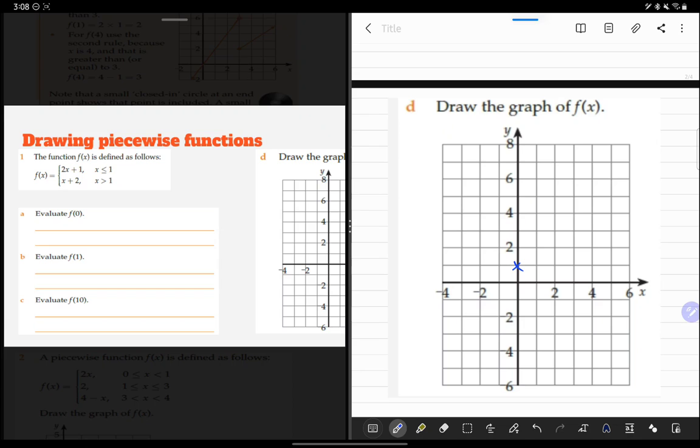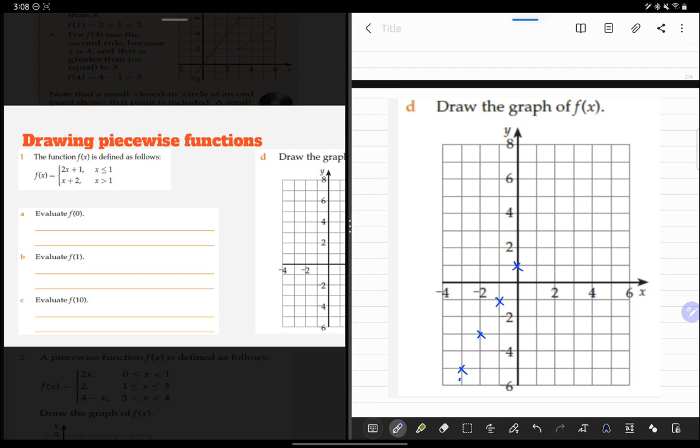At negative 1, I know it's going to be there. I know it's going to be there and there. And I know it's going to be here, but I won't put an X there because I need a circle, some kind of circle. It's either filled in or empty, depending on where it's included. So I'll draw that line.